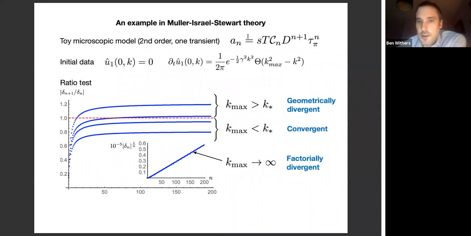Those coefficients A_n are these Catalan numbers, and that has a finite radius of convergence because there's a square root. If you sum these Catalan numbers, you get a square root. So you write A_n q^n and sum it, and you'll find the branch point that's there in the microscopic model.